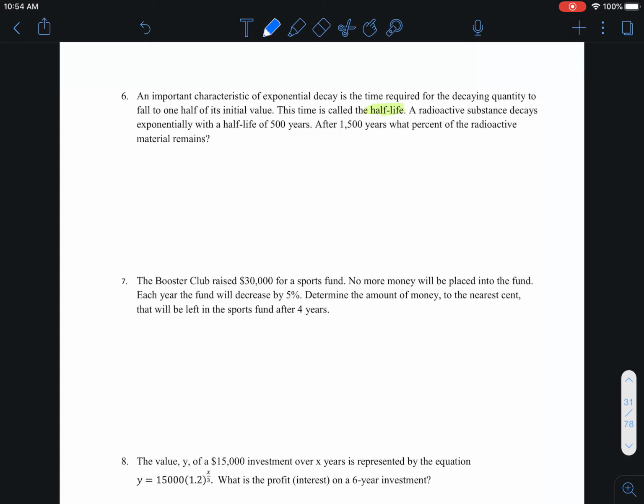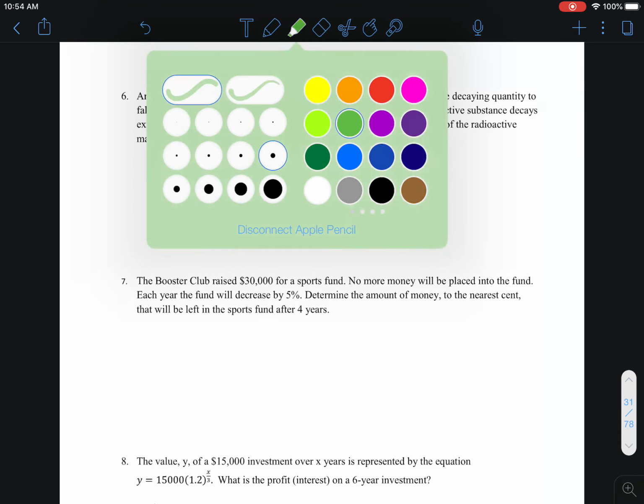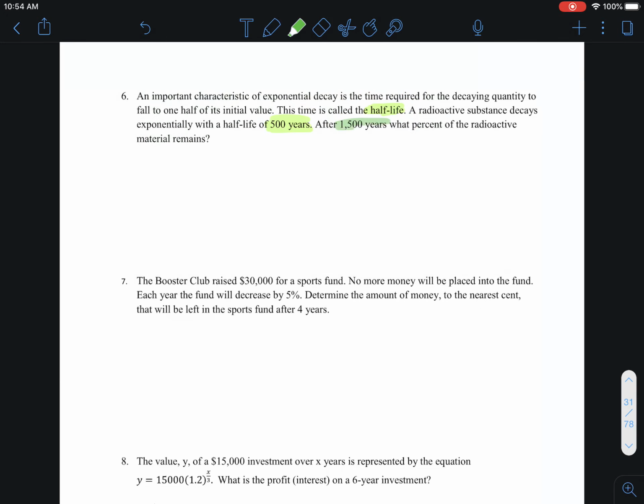So a radioactive substance decays exponentially with a half-life of 500 years. Okay, so it takes 500 years for a quantity of a radioactive substance to become half. After 1,500 years, so this is how much time has passed, what percent of the radioactive material remains?